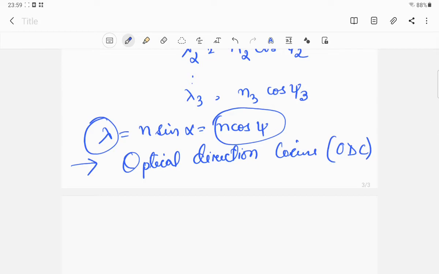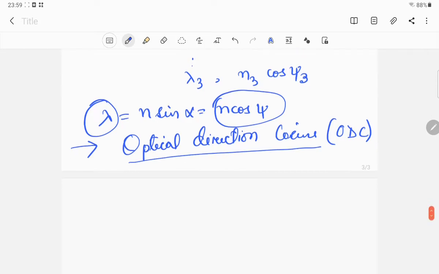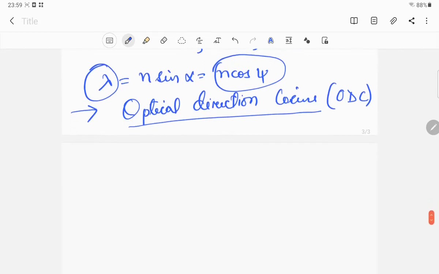You may be asked in an examination to define optical direction cosine. What should be your answer? Optical direction cosine is nothing but the product of the refractive index of the medium with the cosine of the angle made by the ray of light with the x-axis.